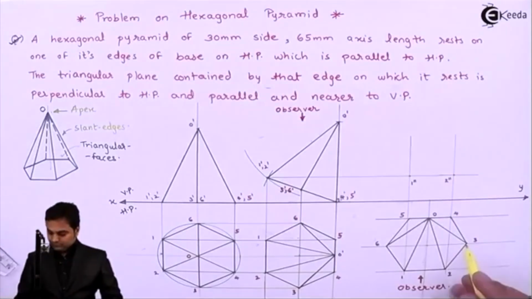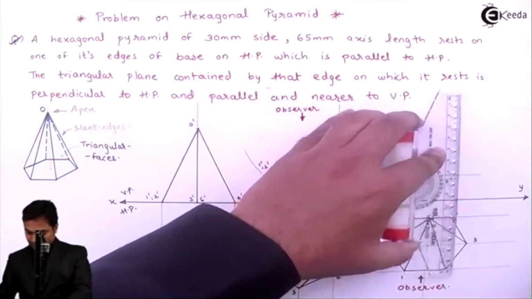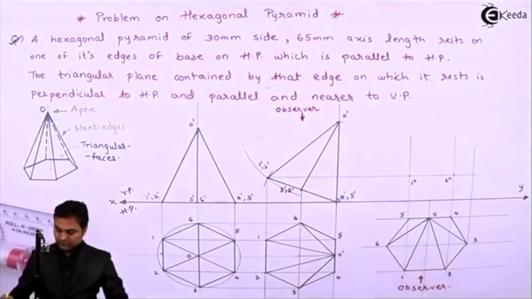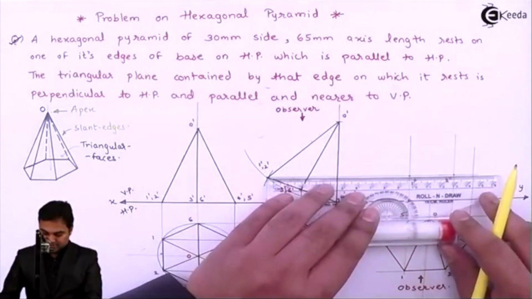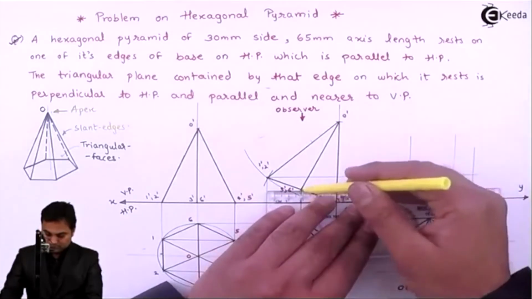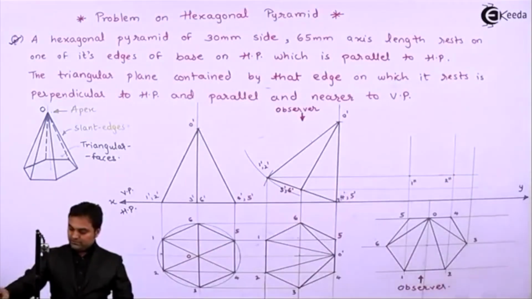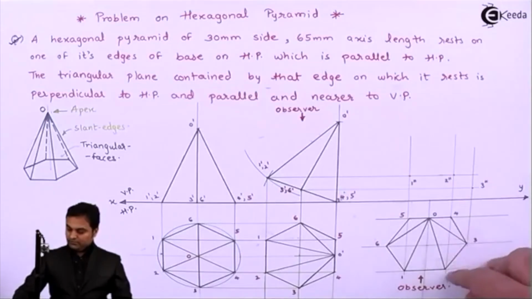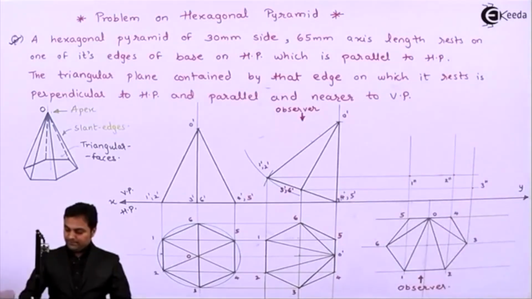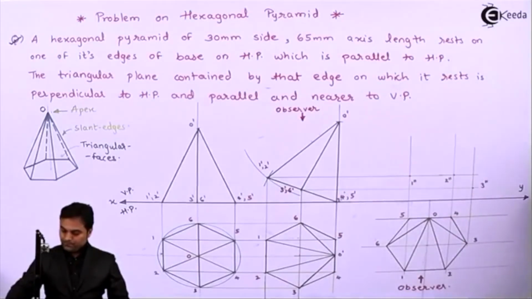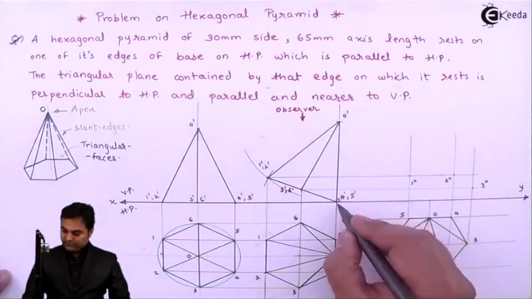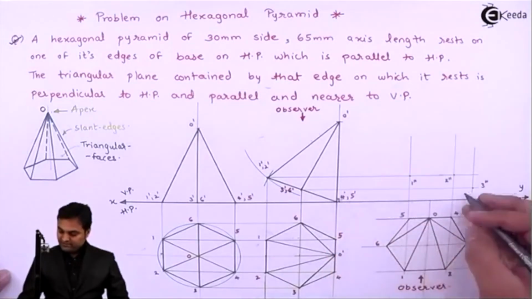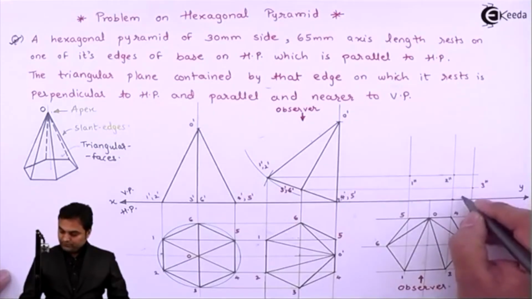Next point 3, and from here 3 dash 6 dash. So this gives me point 3 double dash. Then 4 and 5 are on the same line, so here we'll get point 4 dash 5 dash. So this gives me the point 4 double dash.